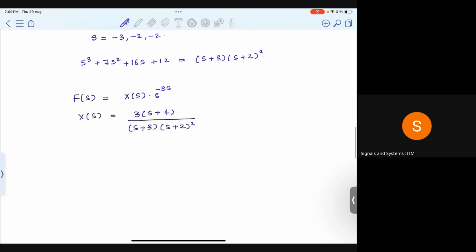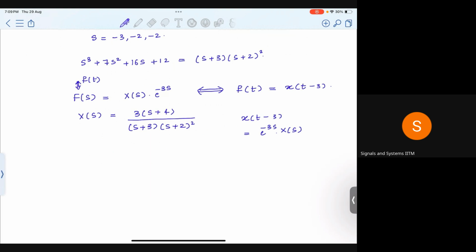So first try to find the Laplace transform for this thing. Using the properties of Laplace transform, when you apply the inverse Laplace transform, f of t would be simply x of t minus 3, right? x of t minus 3 has Laplace transform e power minus 3s times x of s.